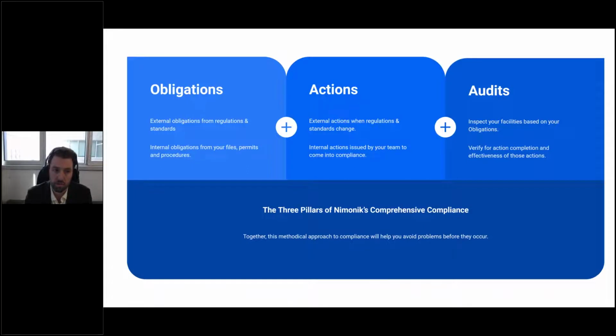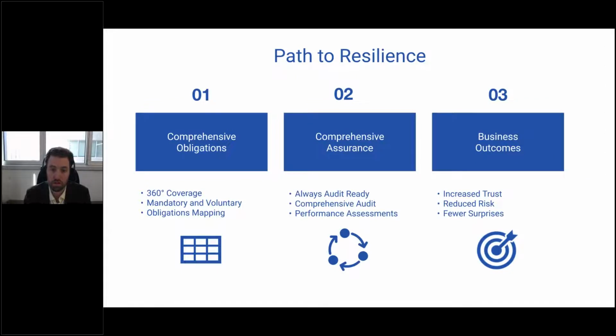Mnemonic is about identifying your obligations, both coming from regulators and your internal ones, coming from policies, procedures, and contracts, the actions you need to do to stay in compliance, and then audits to make sure everybody is up to speed and respecting their compliance obligations. So that's it. Building this business case is about convincing management that a proactive compliance program is a path to resilience.